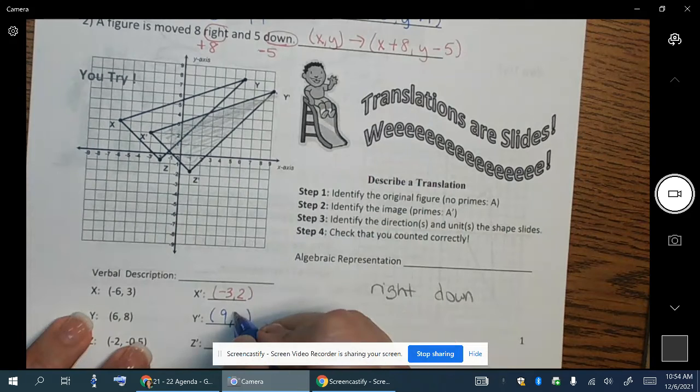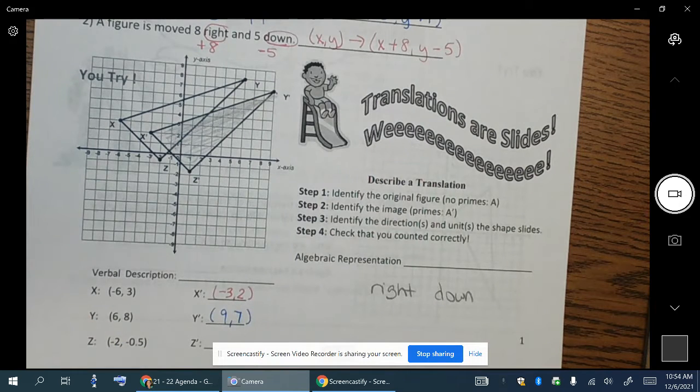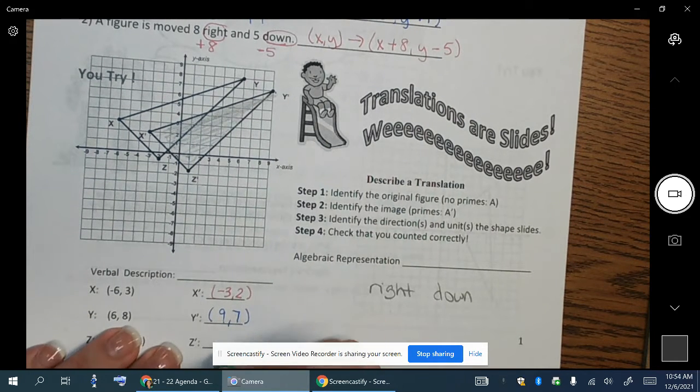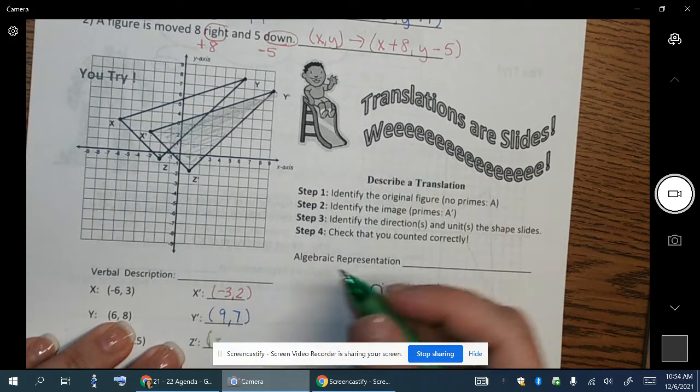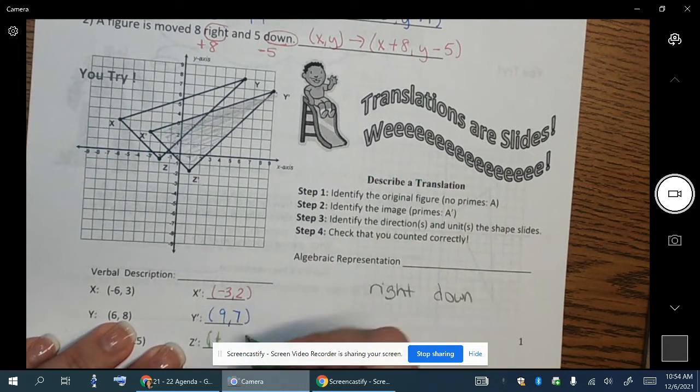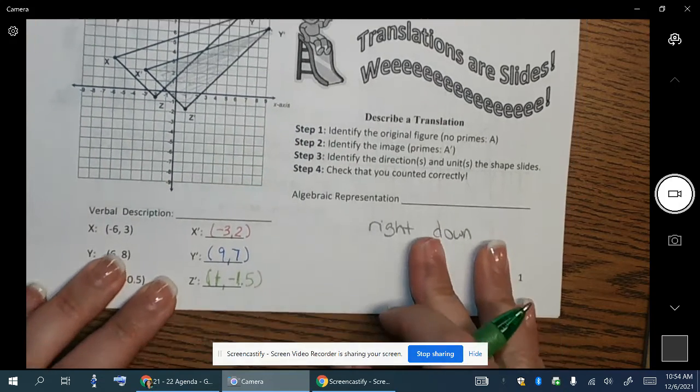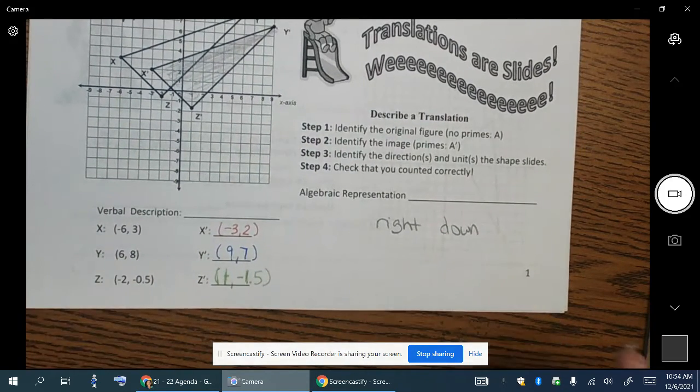Alright, and z prime? Negative 0.5. What's your x value? Positive 1. And then it's going to be negative 1.5. Did you see that green? Okay.